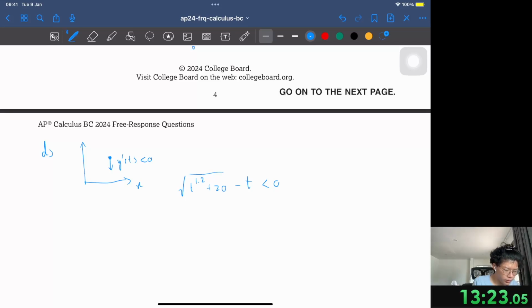Oops, then I'll have to zoom in. Yep, I have to zoom in on the calculator. Okay, so let me trace the graph.